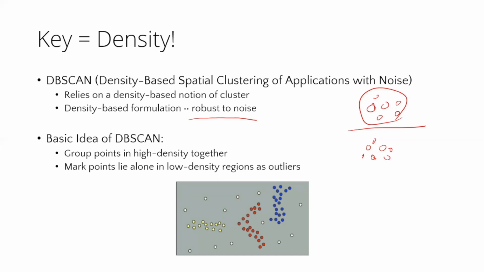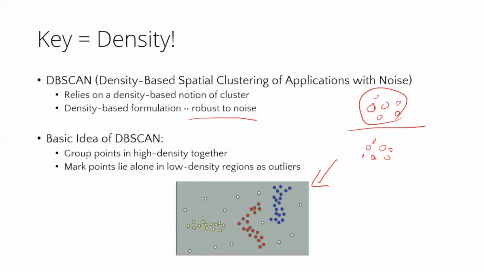And what's really nice about DBSCAN is it's not only robust to noise, but also can do a fairly good job in detecting noise. Okay, so when you have a data set that has lots of outliers, the result of DBSCAN can provide you a list of outliers that are identified by the DBSCAN algorithm. So the bottom figure over here is a good illustration of what I just meant.